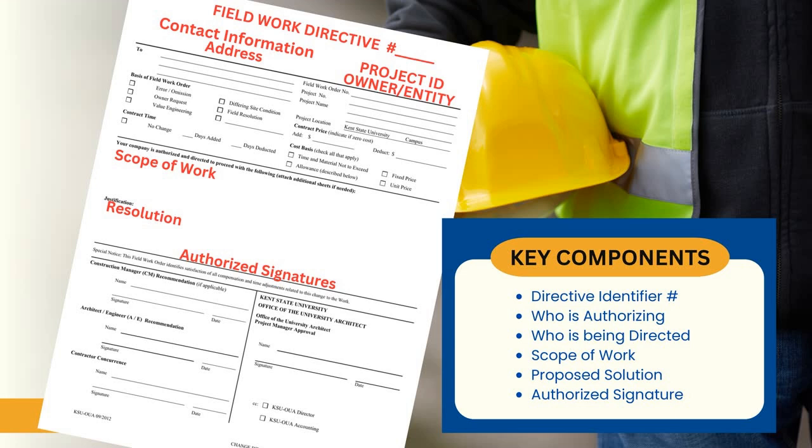So a field work directive may come in many different forms. I showed you already one where you can write directly on the drawings themselves of what's going on in the moment and then identify a lump sum not to exceed with your signature, date, and the criteria of that scope of work. But we can also have something a little bit more formal that provides a field work directive template. And in that template, there are some key components that we want to make sure that we cover.